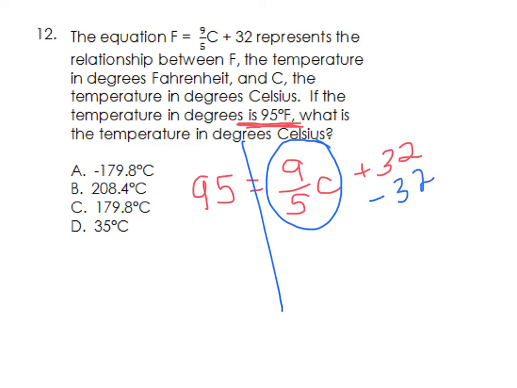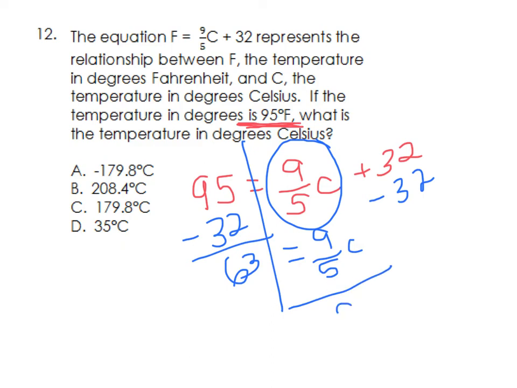So I'm going to minus 32 on both sides. And that leaves me with 63 equals 9/5 Celsius. Okay, if I have my calculator, when it's beside, I'm going to divide. So I'm going to divide both sides by 9/5. And when I divide both sides by 9/5, I come up with 35 degrees Celsius.